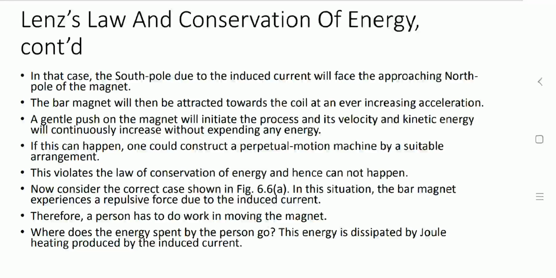If the current won't oppose the magnetic flux, then based on the same direction of current, an attraction force is generated between the bar magnet and the coil. So the magnet will be attracted towards the coil. Due to the attraction force, no need to give an external or mechanical force.